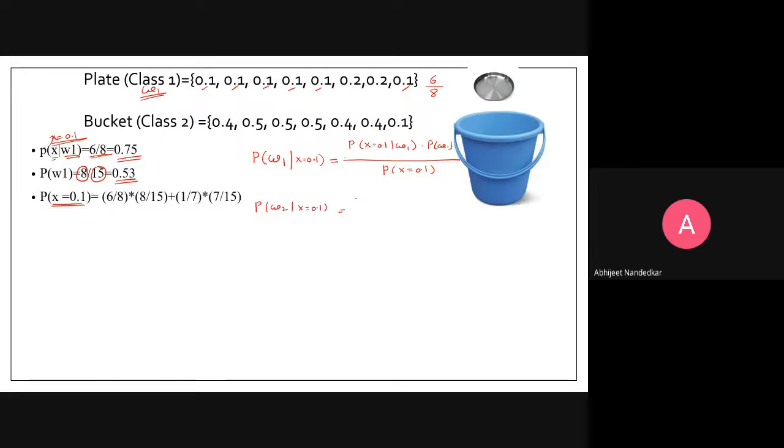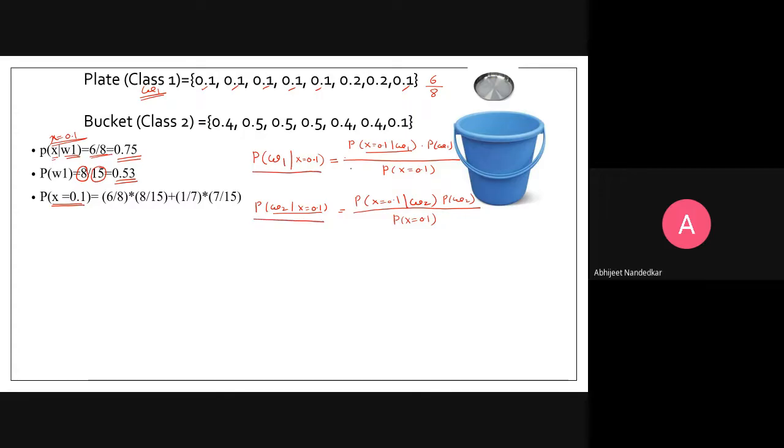So you have to just flip it: inside this bracket, whatever is there, you just flip it. So it is x is equal to 0.1 given omega 2, into probability of omega 2, divided by again probability of x is equal to 0.1. So I want to solve or find out these probabilities, then I will take a decision.